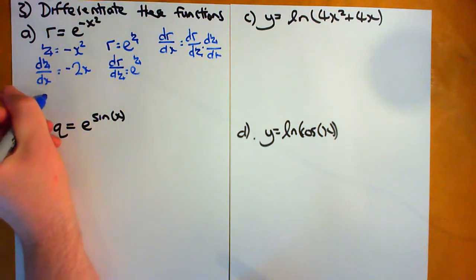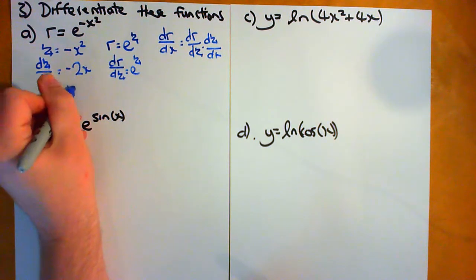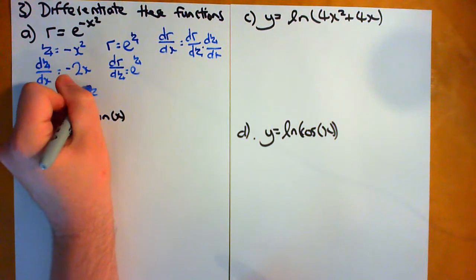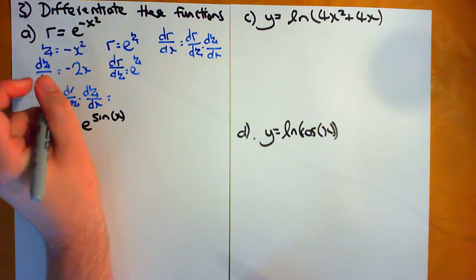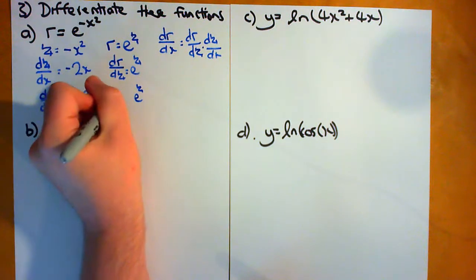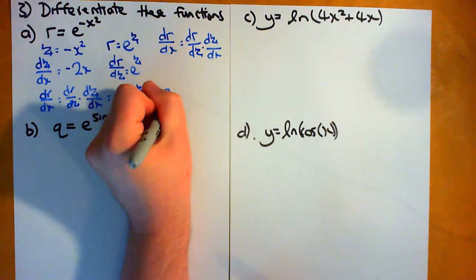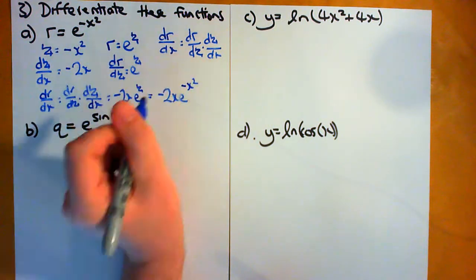Okay, so dr by dx equals dr by dz times dz by dx. So dr by dz was e to the z, and we're multiplying by negative 2x, so we get negative 2x e to the z, and z was negative x squared.